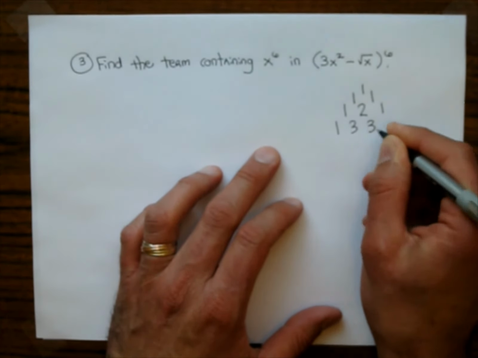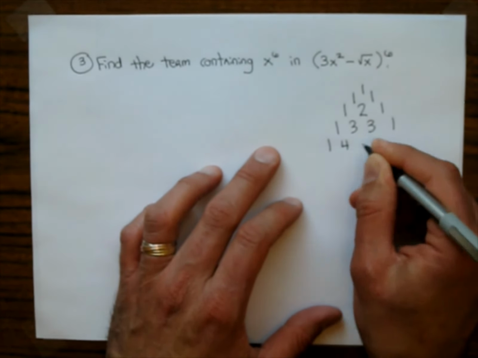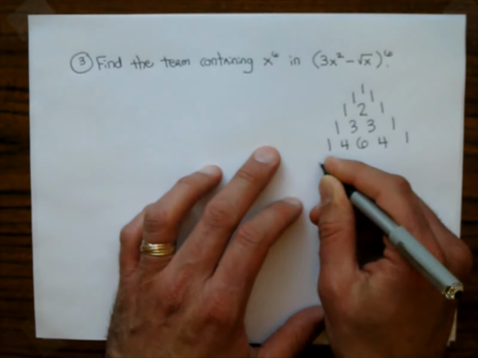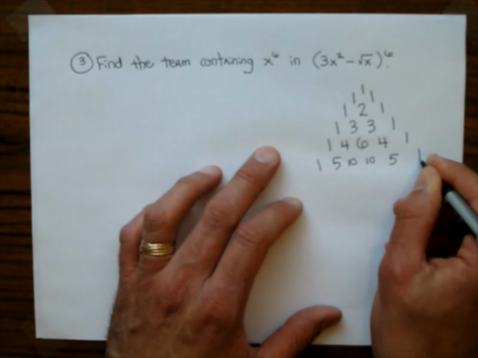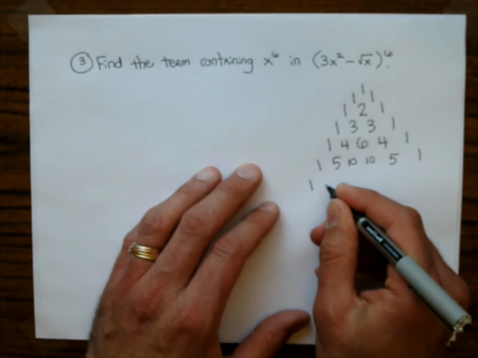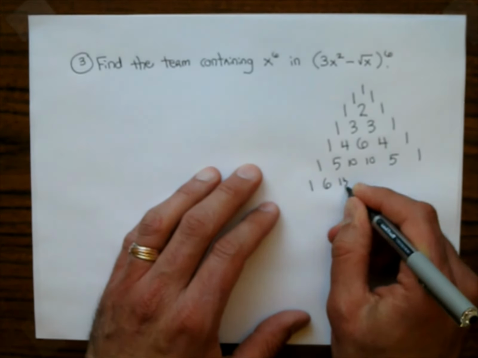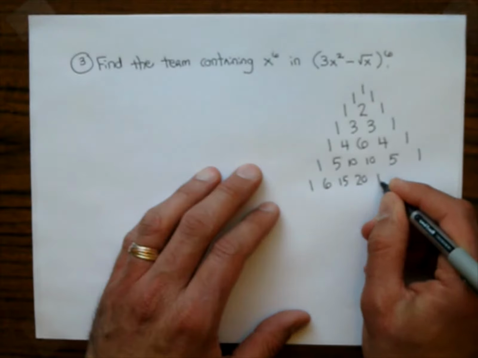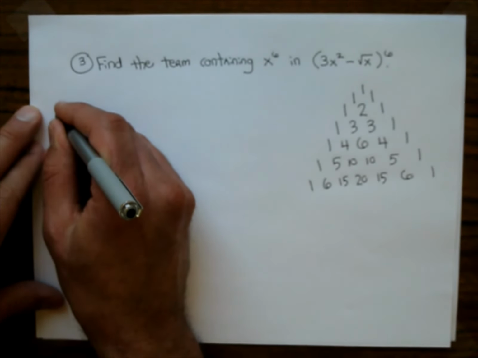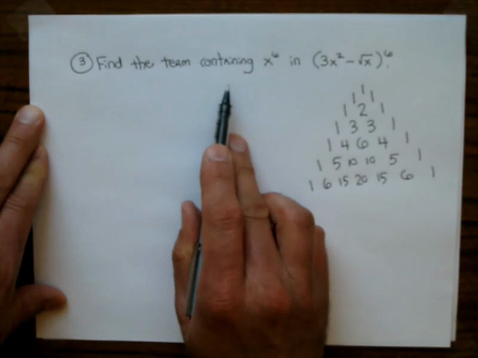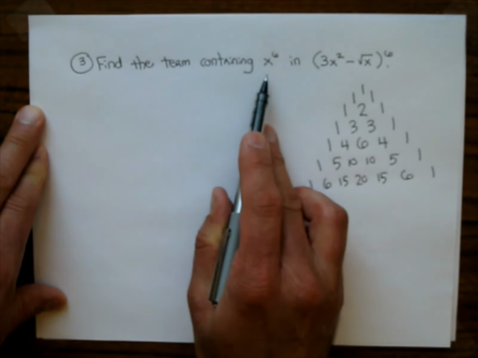1, 3, 3, 1, 1, 4, 6, 4, 1, 1, 5, 10, 10, 5, 1. Okay, so new row, row 6: 1, 6, 15, 20, 15, 6, 1. So I'm going to write this like this. The other weird thing about this is you're just finding the term containing x to the 6th.